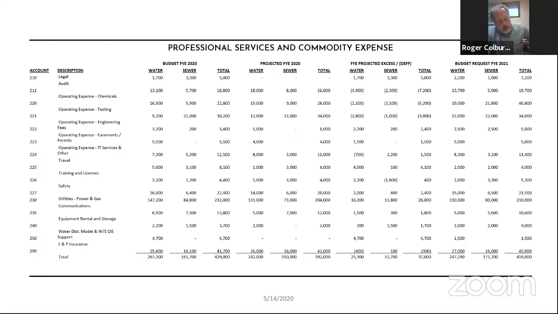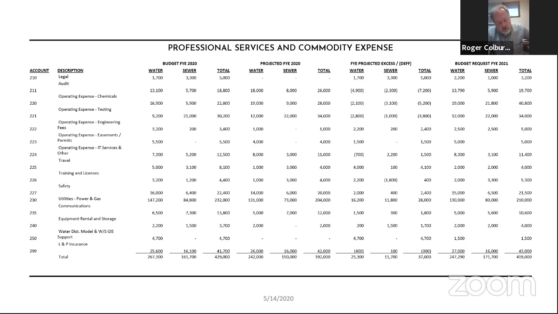I'm sorry, that next item where water is projected at 12,000, sewer at 22,000, total cost 34,000 is the testing element. Okay. The next line item is for easements, and really that's for our railroad crossing permits.